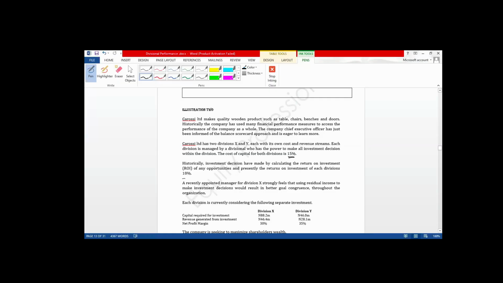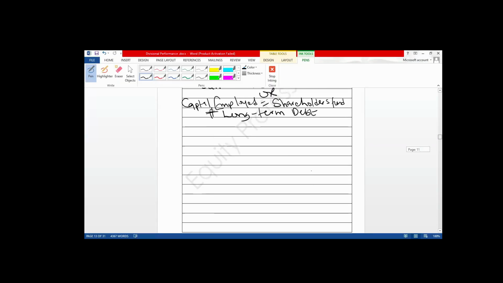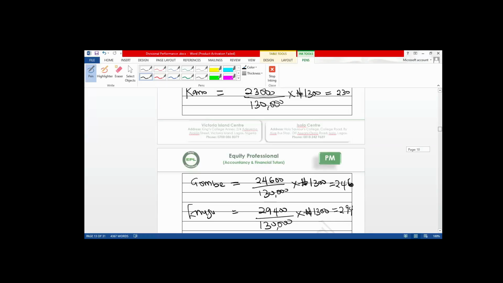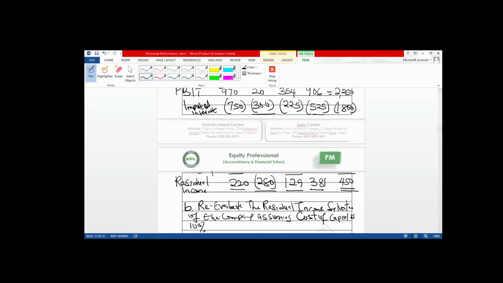We now look at question number 2. For those that were in class yesterday, we solved question number 2.